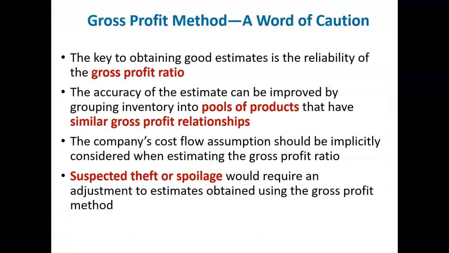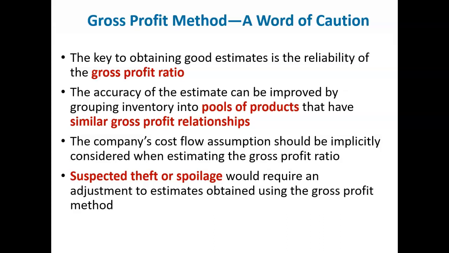A word of caution. The gross profit method provides only an estimate. The key to obtaining good estimates is the reliability of the gross profit ratio. The ratio usually is estimated from relationships between sales and cost of goods sold. However, current relationships may differ from the past. In that case, all available information should be used to make the necessary adjustments.